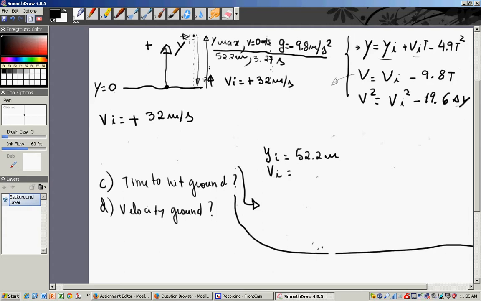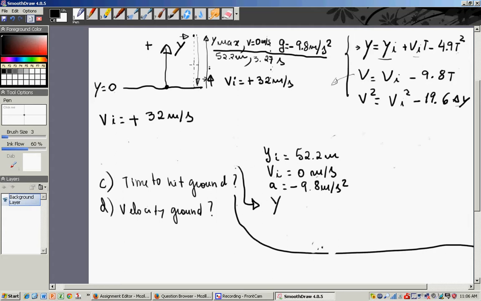What is my initial velocity? If I consider the top part as my new initial situation, my initial velocity is what? At maximum height, 0 meters per second. Acceleration doesn't change, it is the same. It's always pointing down.